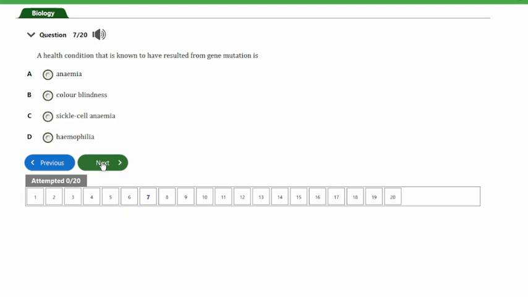It is the health condition that results from gene mutation. If your blood is not able to clot, it means bleeding will not stop, so your blood vessels can't stop bleeding when there is a rupture. Let's quickly look at the next question, question number 8.